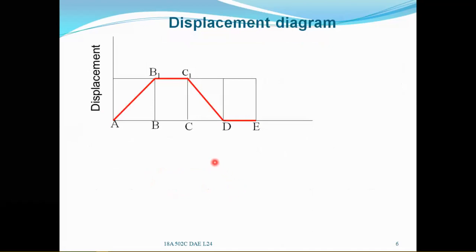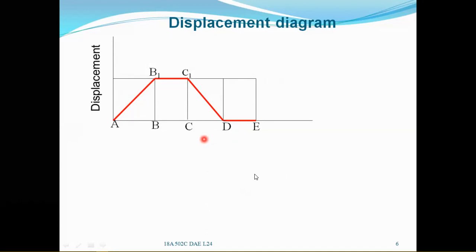Now the displacement diagram for a follower with uniform velocity. On the vertical axis, as per previous discussion, on the y-axis it is the displacement, or the stroke or lift of the follower, and on the x-axis, or abscissa, it is the angular displacement of the follower.